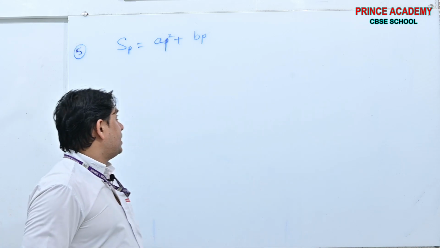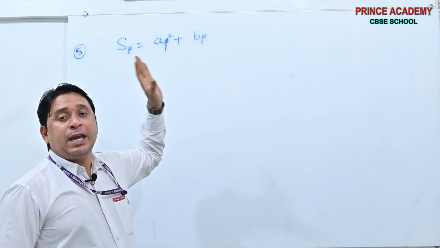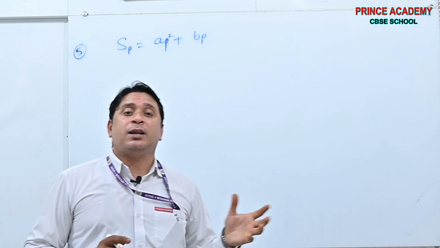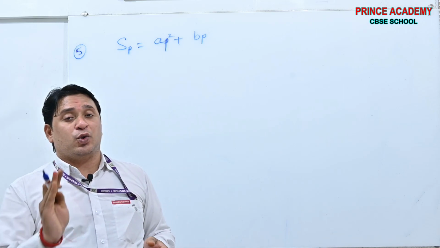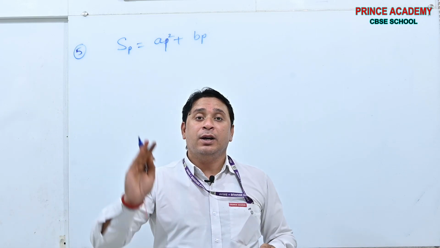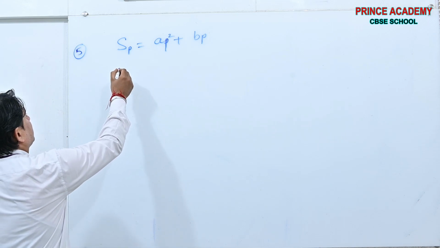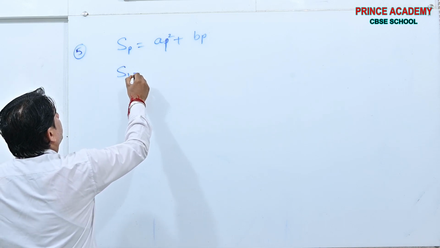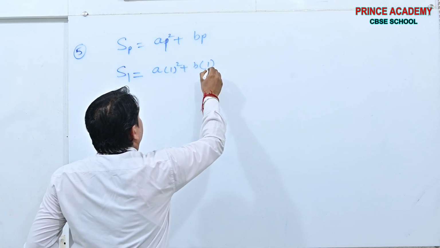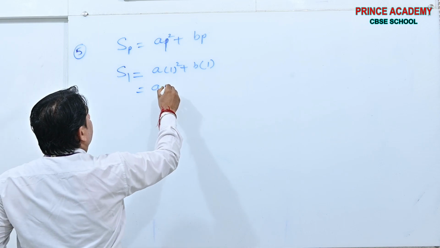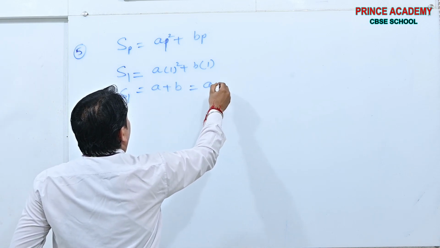See, if we put the value of P, we will get S1, S2, S3 and so on, like in the questions we have discussed. Put P is equal to 1. S1 is A into P square plus B into P, that is A plus B. And you know what S1 is?